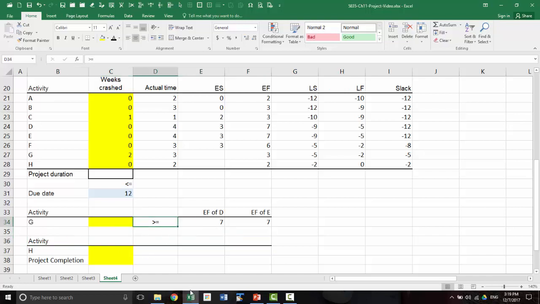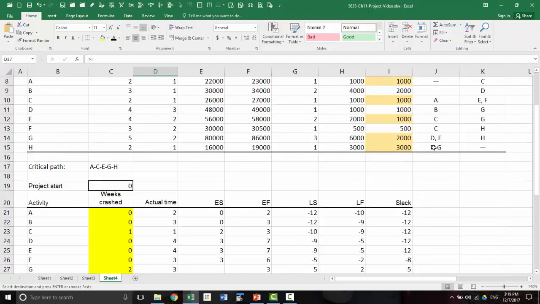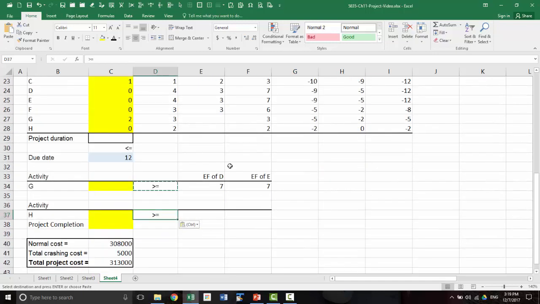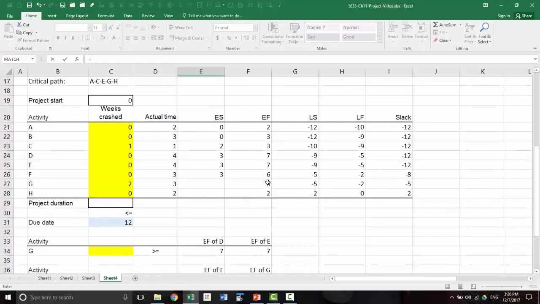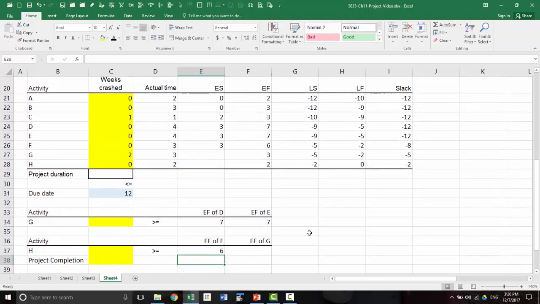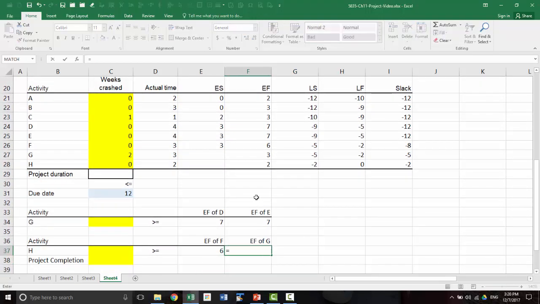Okay, and the same here for activity H. That should be greater than or equal to the two predecessors for H, F and G. So you have these two, EF of F and EF of G. So EF of F is that one, EF of G is that one.